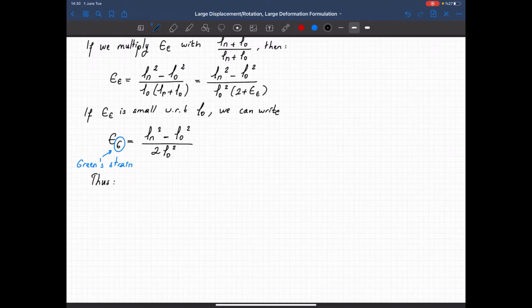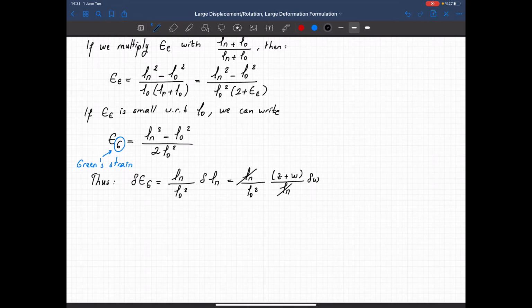Now for the work expression, I need the first variation. Let's calculate that. The first variation of the Green strain is equal to Ln divided by L0 squared, the variation in the final length, which is equal to Ln divided by L0 squared times Z plus W divided by the final length, multiplied by the variation in the displacement.